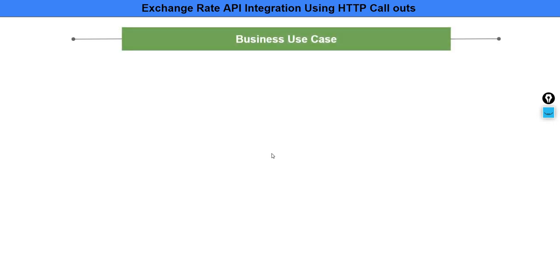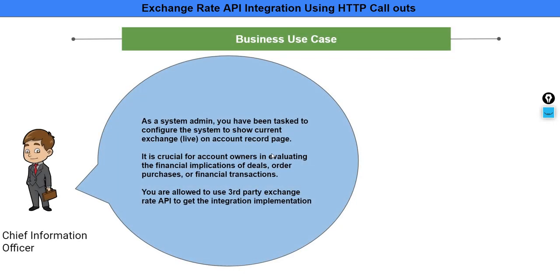So this is the business scenario in front of us now. As a system administrator, you have been asked to configure the system to show the current exchange rate on the account record page. This is quite a common scenario. We want to make a callout to an exchange rate API, so that for the base currency, it will give me all the current exchange rates live.